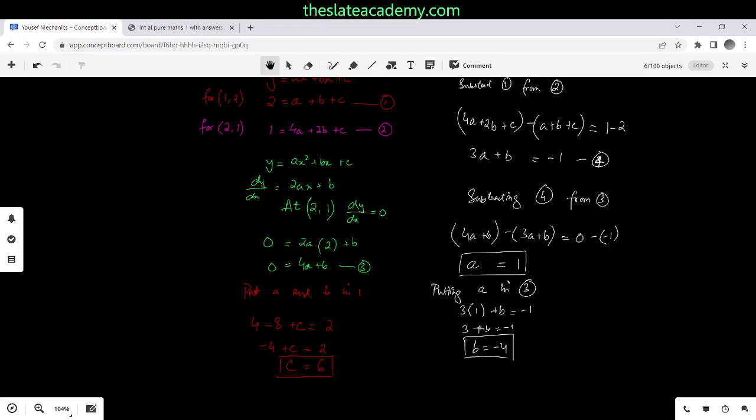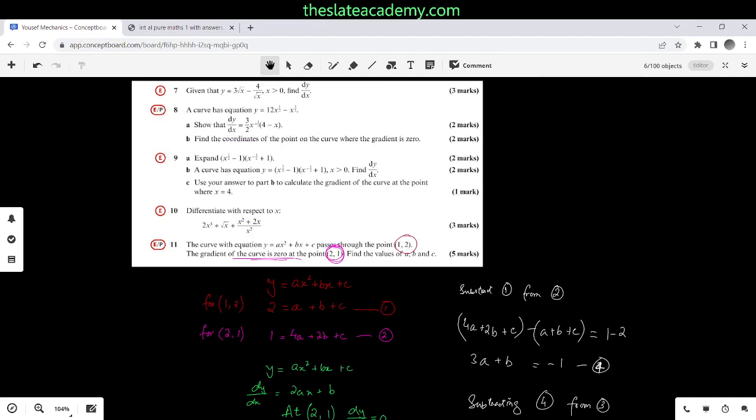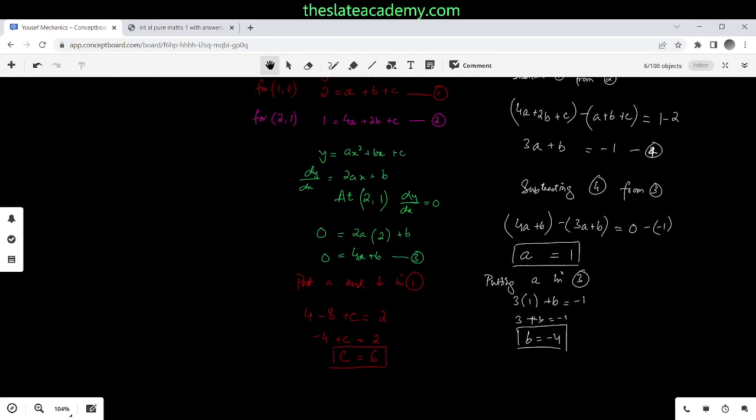Minus 4. And then if I add 4 to both sides, it would be c is equal to 6. It did say a plus b plus c is equal to 2.